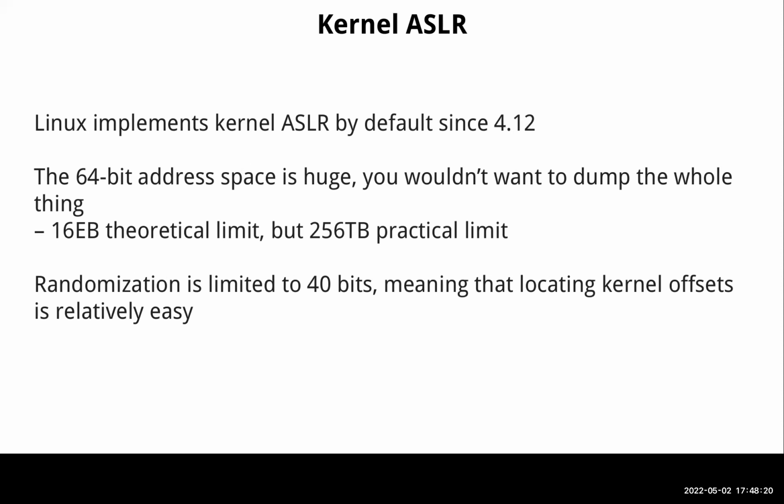Also, another thing is kernel level address space layout randomization. The requirement here is you need to know the secret address. We can make that a little bit harder by randomizing the kernel. However, program level address space layout randomization happens every time you launch a program.